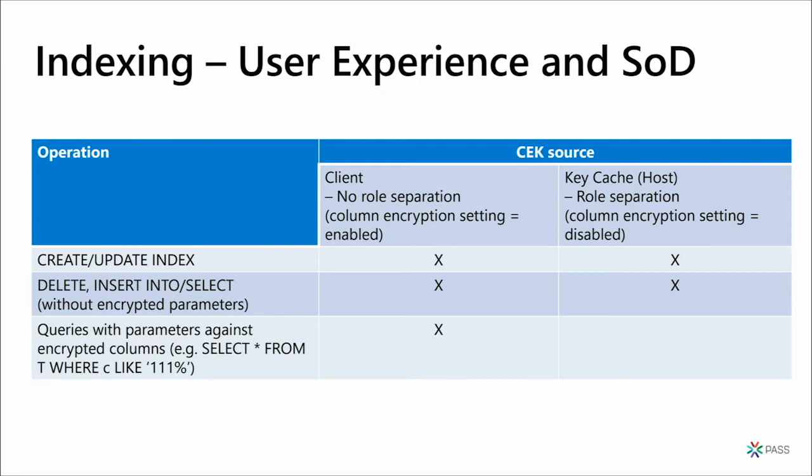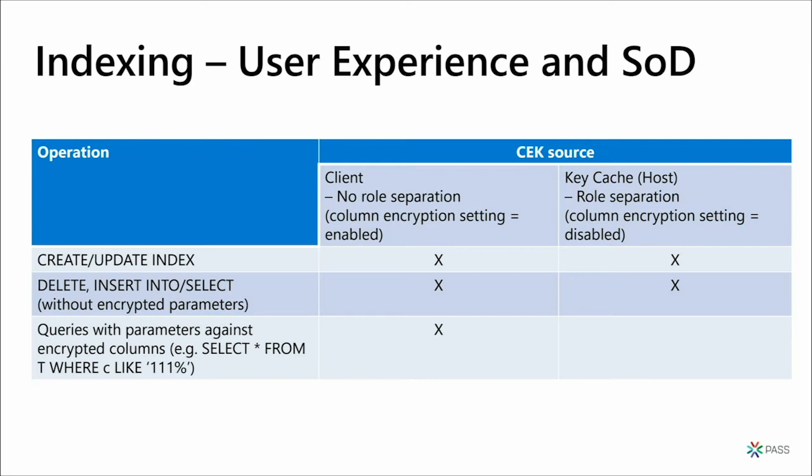The slide is telling you basically that. The first line, create and update index, is doable with this key caching. Even a simple delete and select into the table you can do with key caching. When it comes to queries, the DBA cannot do that. Key caching is not supported for the DBA.